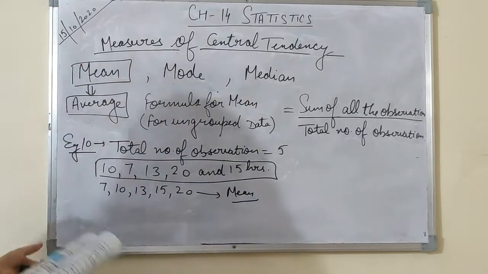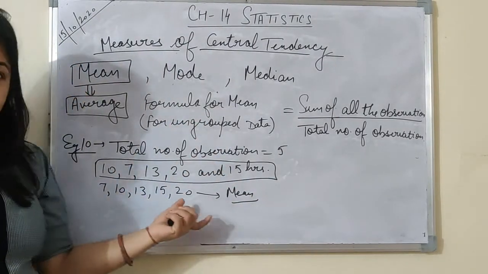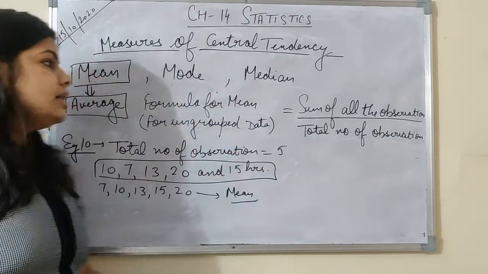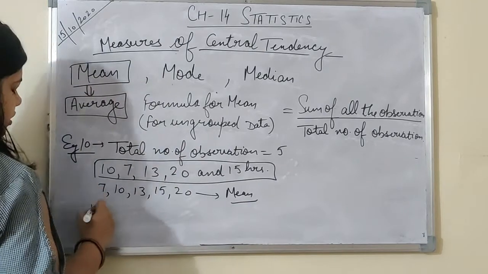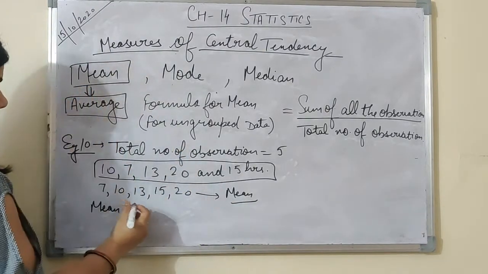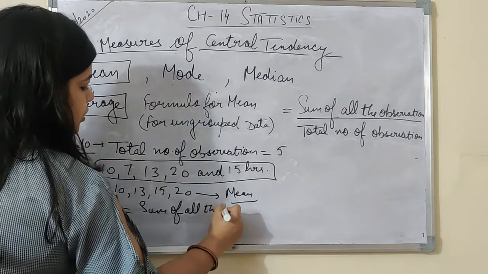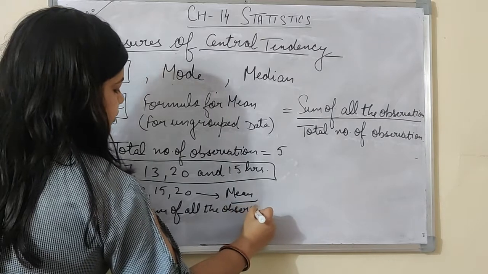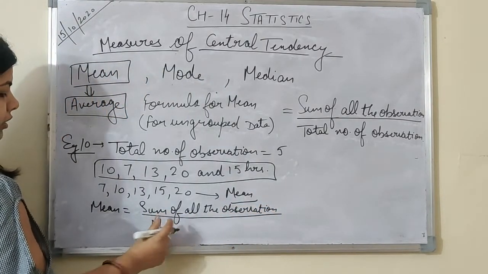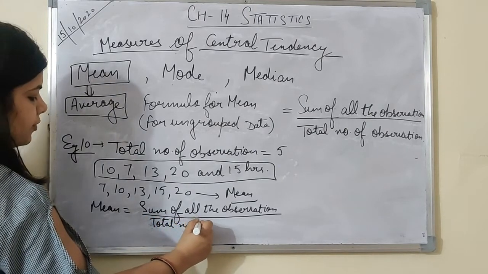As I have told you, this is ungrouped data, and the formula for finding mean for ungrouped data is the sum of all the observations divided by the total number of observations.